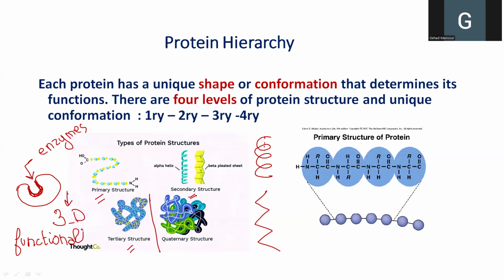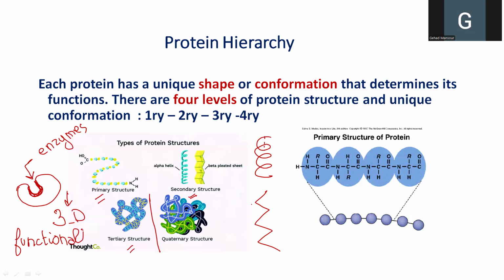The same applies to the difference between alpha helix and beta pleated sheet. Why would a molecule fold into an alpha helix and not into a beta pleated sheet? This all depends on the type of new bonds that have been made for further folding. And this is what we are going to see on the next slide again.